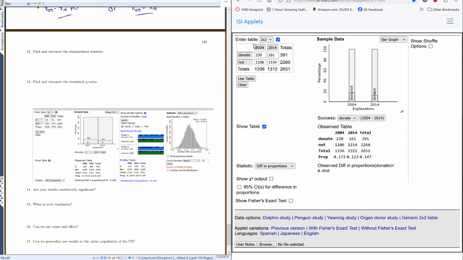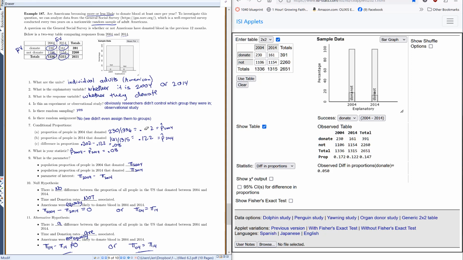I can see my conditional proportions. I must have hit something in my calculator wrong earlier, so I do apologize. If you go back up on your notes, 230 divided by 1336 is 0.172. I'm not quite sure how I got 0.202. So that's going to change a few of our results. 0.172 minus 0.122 should give me 0.05.